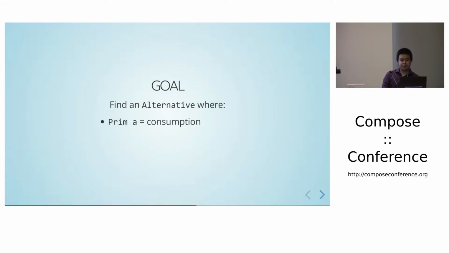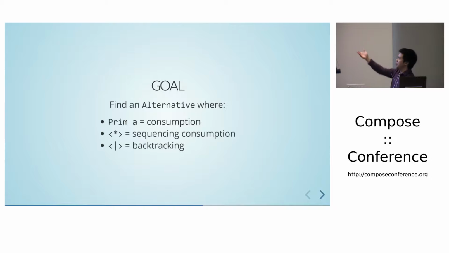We need an alternative where prim a can represent consuming the next character, where star sequences consumption, and where alternation means backtracking. If we can find this alternative, then we can run our regex into that alternative, and it'll give us the right result we need.